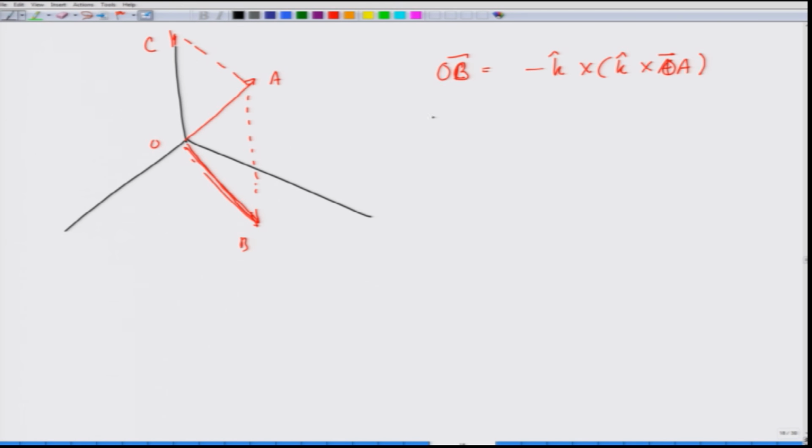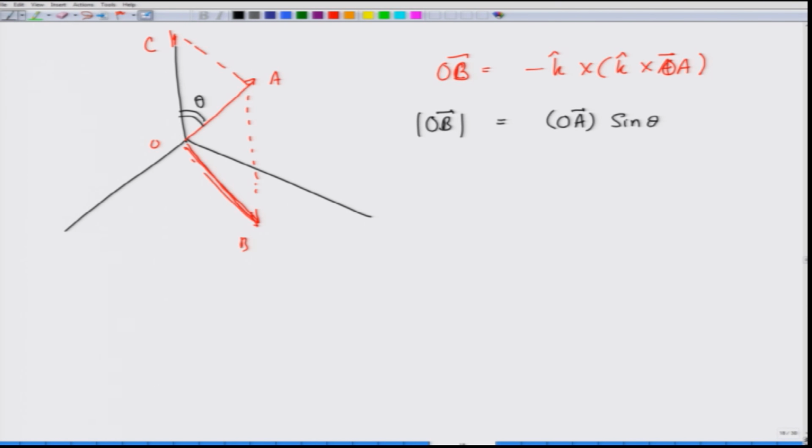Now, if you notice OB magnitude, if this angle from the z axis is theta, OB magnitude is going to be nothing but OA magnitude times sine of theta.